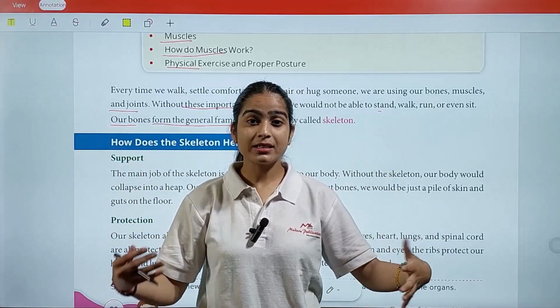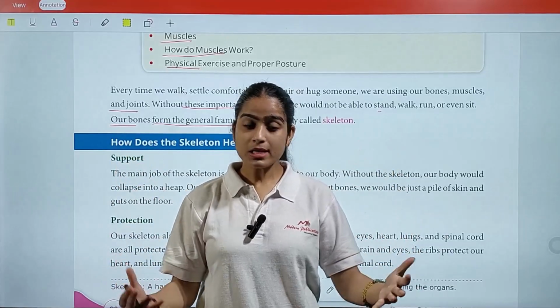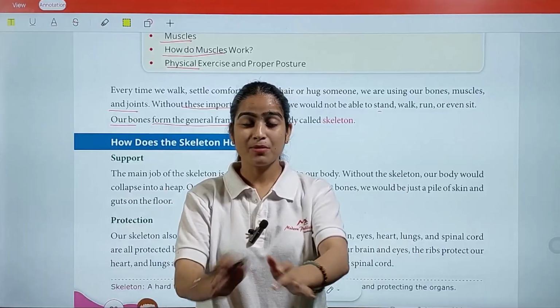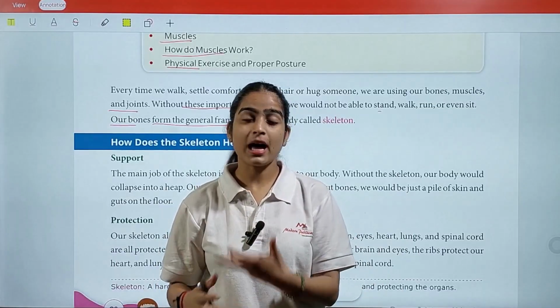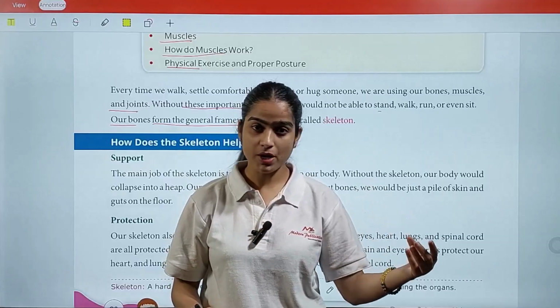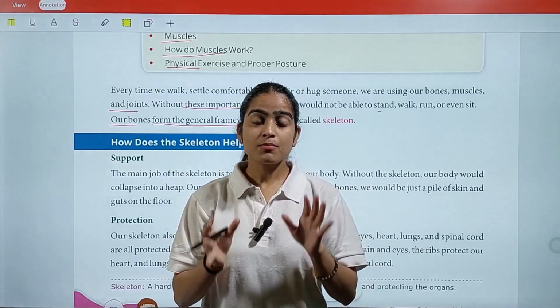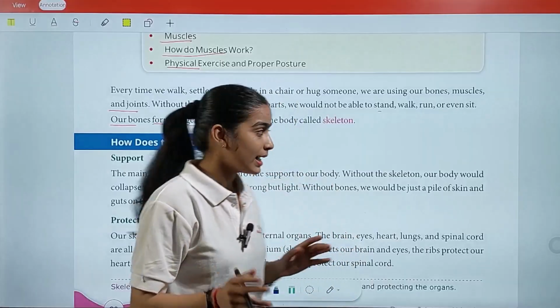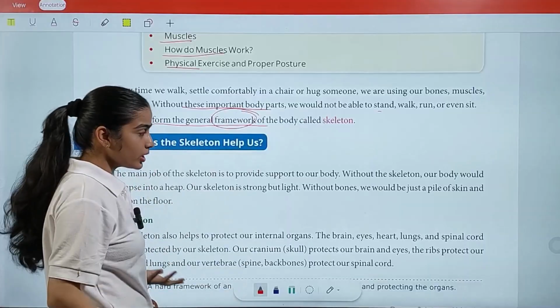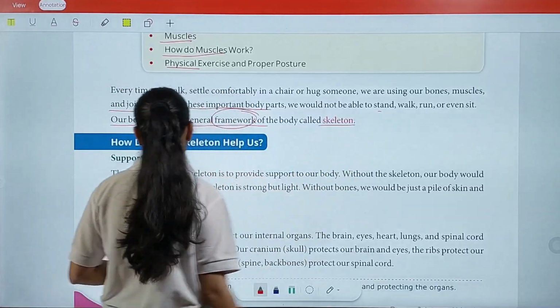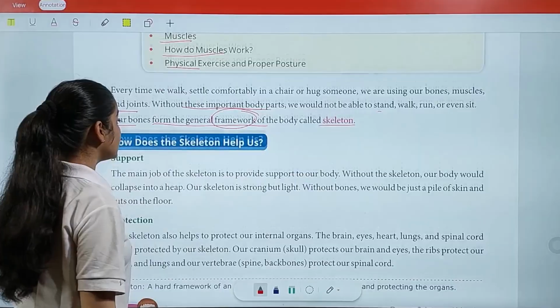If we don't have the hard bones inside our body, we don't have a structure and we are just a kind of flesh. So first of all, bones provide us a structure, and this framework we have, basically your body, is called your skeleton.